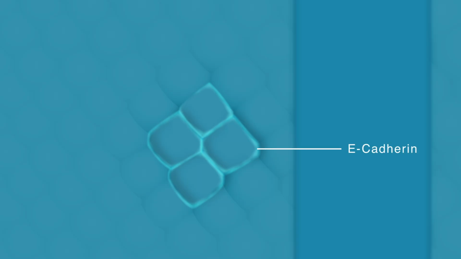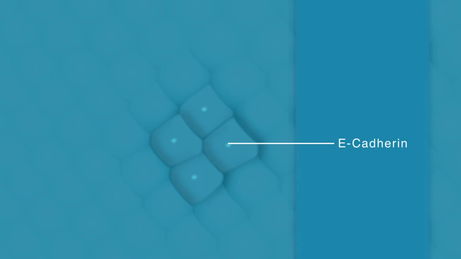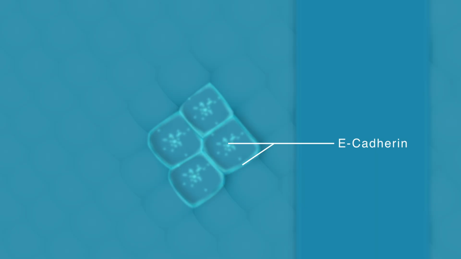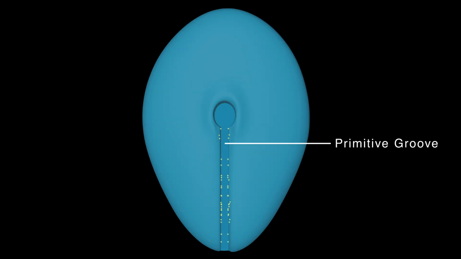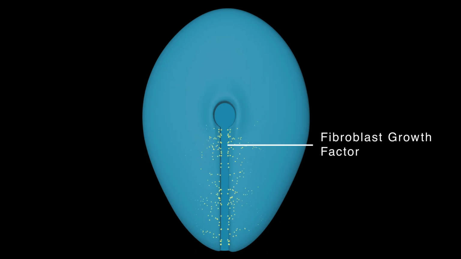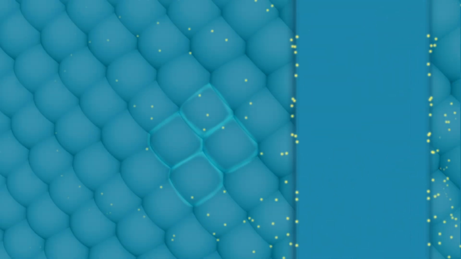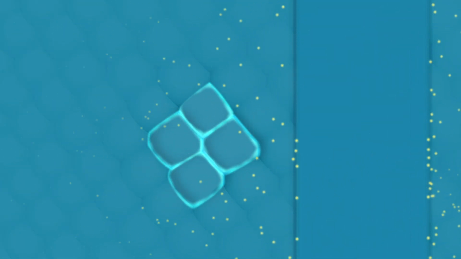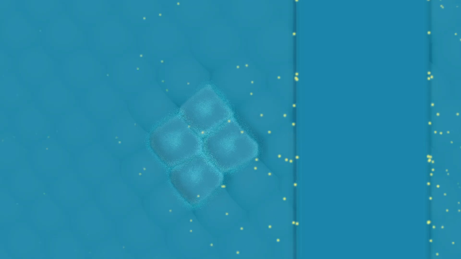The cells present in the epiblast are bound to one another by a protein called E-cadherin. This E-cadherin protein is produced by the epiblast cells themselves. After the primitive groove is formed, a protein called fibroblast growth factor is released laterally from its edges. This protein acts on the epiblast cells and inhibits the production of E-cadherin.